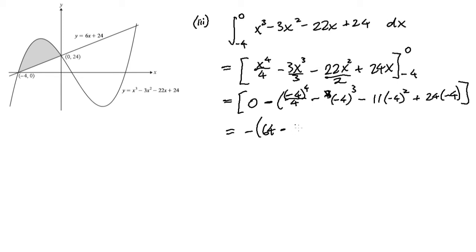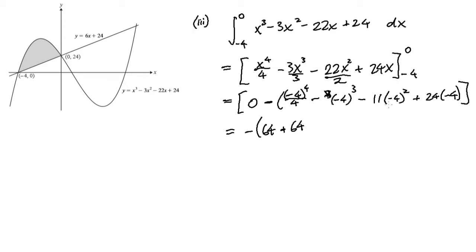When you're typing things in the calculator, it's really important that you type everything correctly. -4 cubed is -64, so this is a negative, so you add 64 instead because it's double negative.